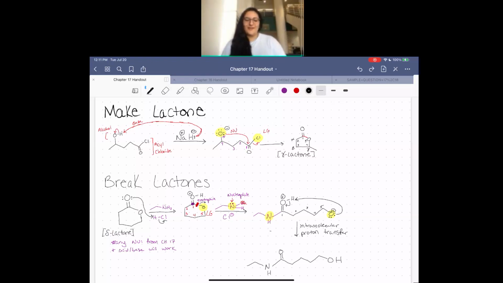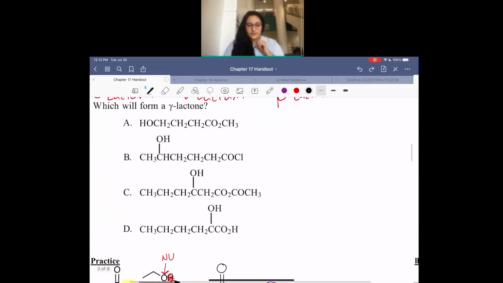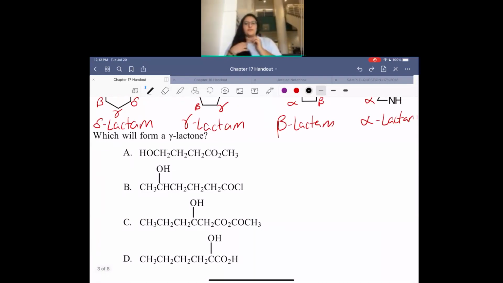Okay, so this is making and breaking lactones. Any questions, comments, concerns, strange inquiries? Okay, so let's go back up here and let's do this problem.